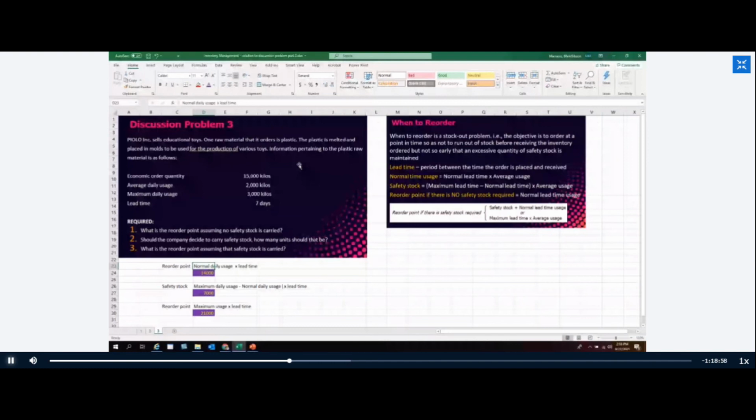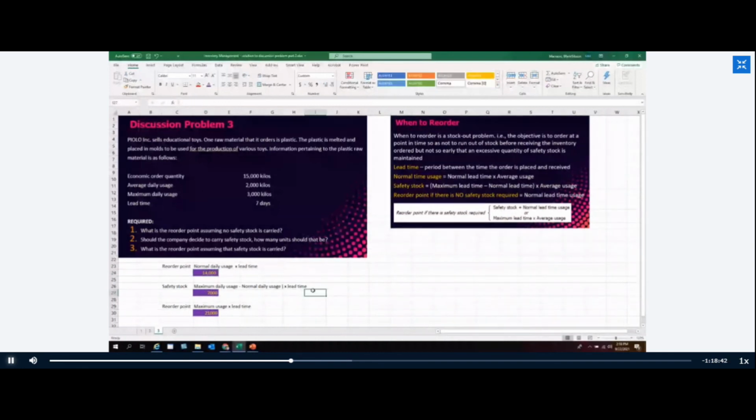But in fact, based on the information given, there's a way for you to calculate for it. So that's 2,000 multiplied by 7. So that's 14,000. Safety stock ngayon is, paano natin kinompute? So 3,000 minus 2,000 multiplied by 7. So that's 7,000 units.